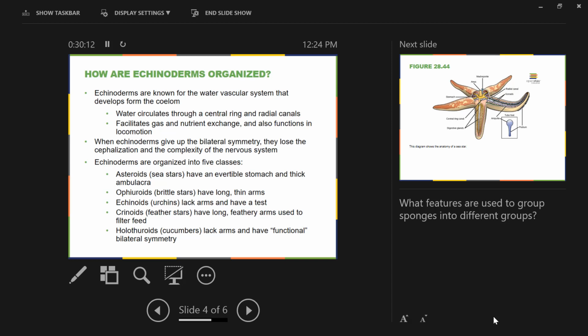Yeah, Cameron. Does this encompass all of echinoderms? All living echinoderms. There are 2 classes of extinct echinoderms, but all living echinoderms are in one of these 5 classes. So for the asteroids, they don't have to just have 5 arms? Correct. They can have more than 5 arms, but they still have the pentaradial symmetry.